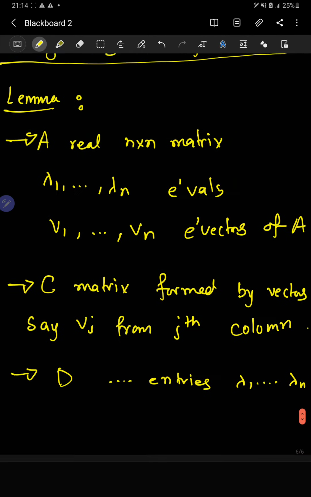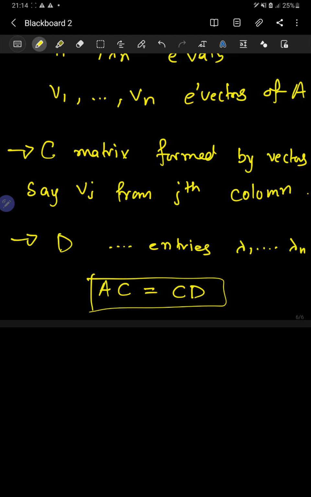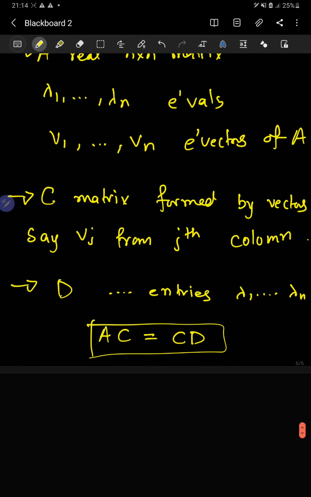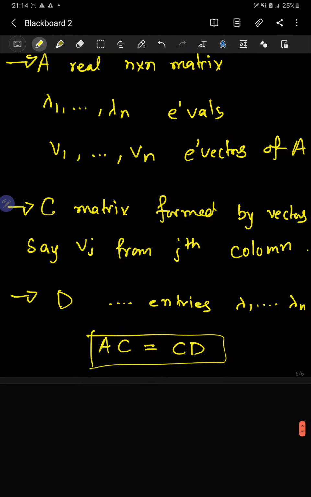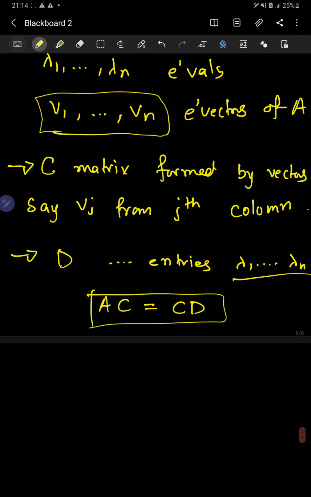So if we have these things, we can write an equation like this, which is AC equals CD, where A is our matrix whose eigenvalues are like this, C is a matrix formed by our eigenvectors, and D is a diagonal matrix whose entries are our eigenvalues.